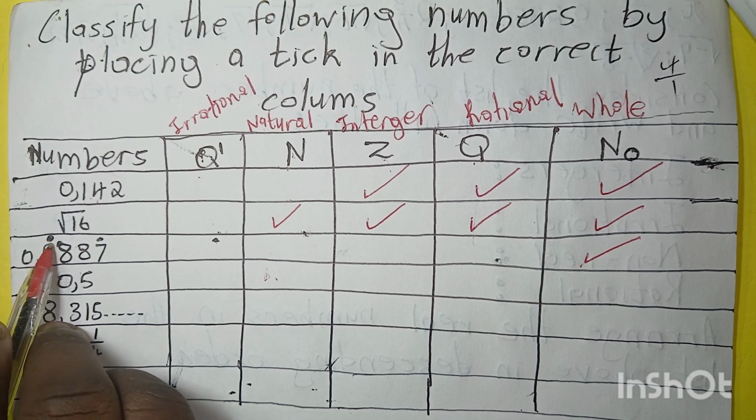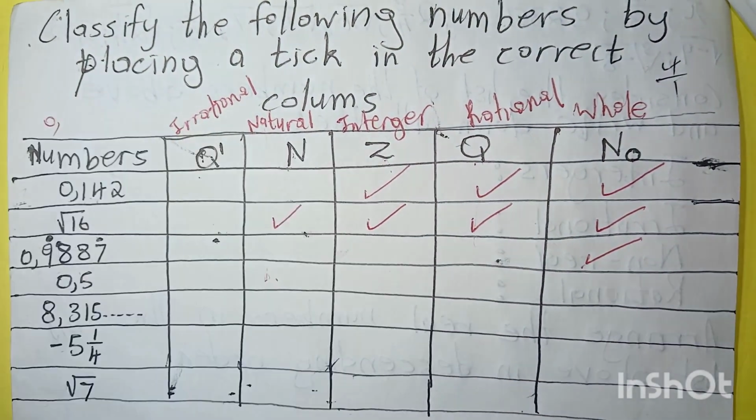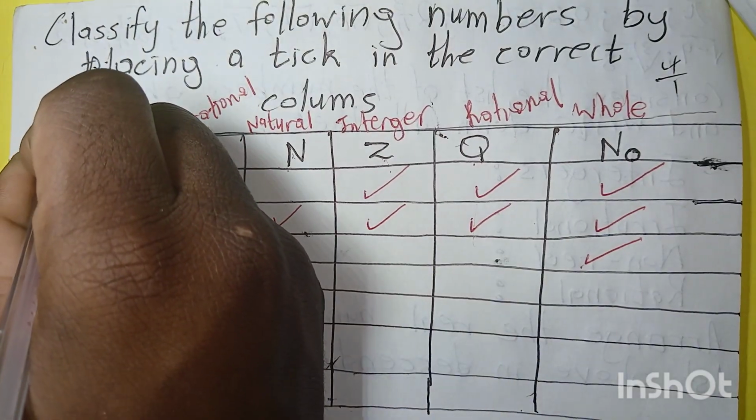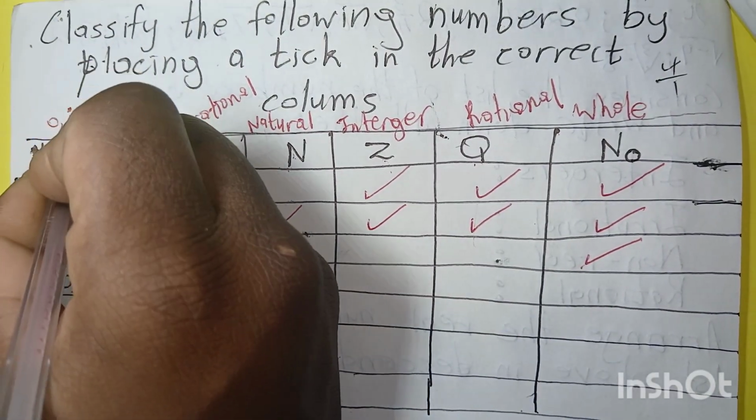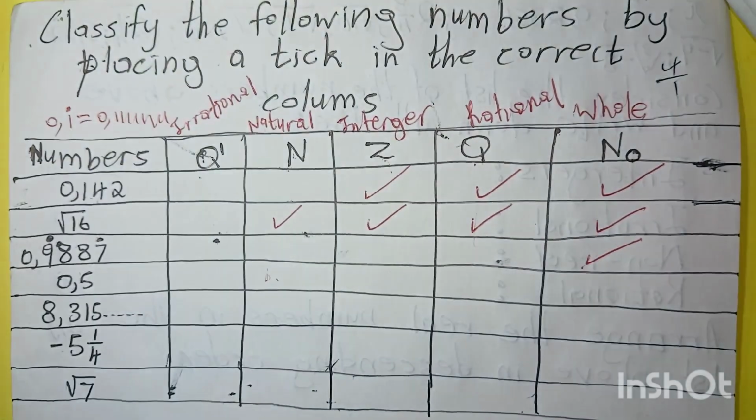So what does those dots mean? What do those dots stand for? So guys, if you see a dot, like let me say 0, let's say 1, and here's a dot. That dot represents 0.1111111. Do you see?